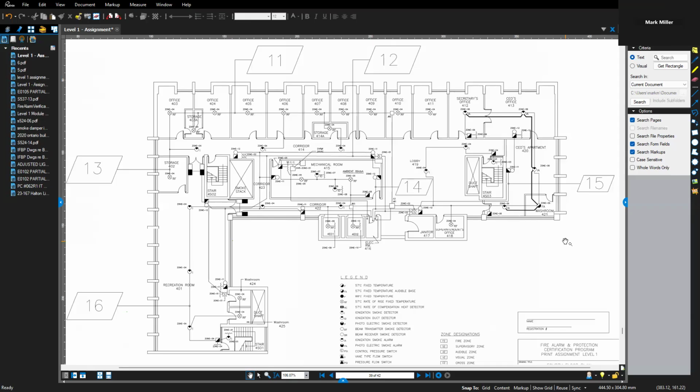So we have to conform to the requirements for both group C and group D major occupancies. That's going to determine where we have to put our devices, what devices are required. For example, in a group D major occupancy, we don't need to have heat detectors in offices.